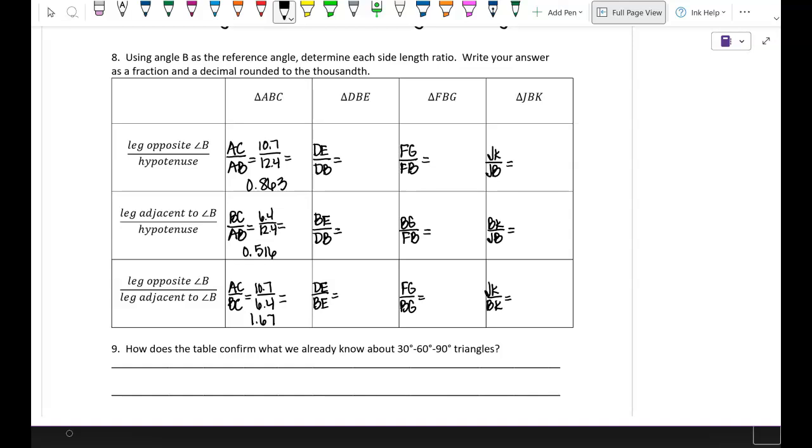Again, that column, we should all have the exact same numbers because that's about triangle ABC that was on our paper. Now for the triangles we drew, I'm going to use my numbers. For DE, I had 7.8, and for DB, I had 9. And if I take 7.8 and I divide it by 9, I get 0.867. And then if I take my BE, that's 4.4 over 9.